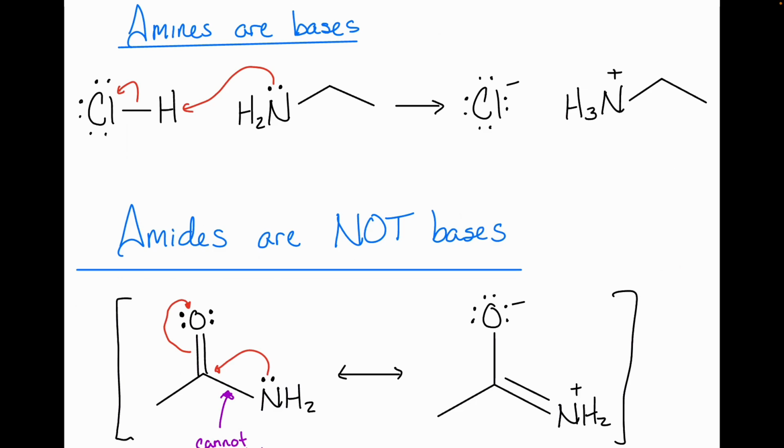Remember, we can numerically talk about how basic a particular molecule is by looking at the pKa of its conjugate acid. A weaker conjugate acid implies a strong base and vice versa.